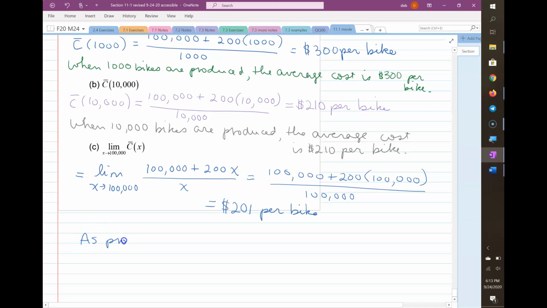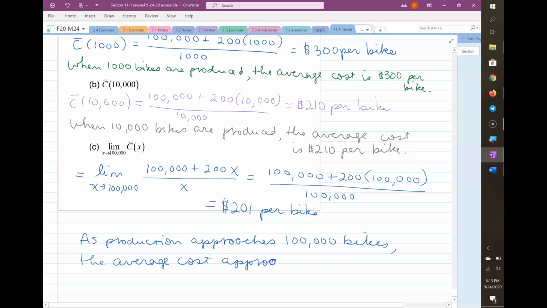So as production approaches 100,000 bikes, that's the limit, the average cost approaches $201 per bike. And hopefully your intuition is telling you that it gets closer and closer to 200 as we keep getting a higher and higher production level.